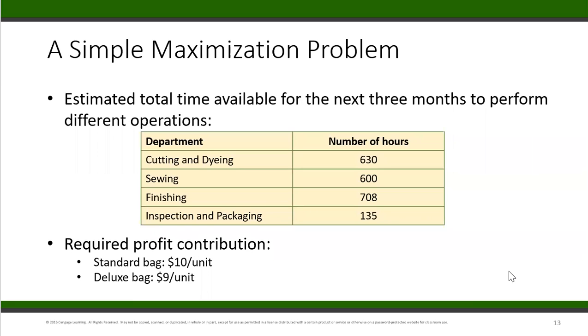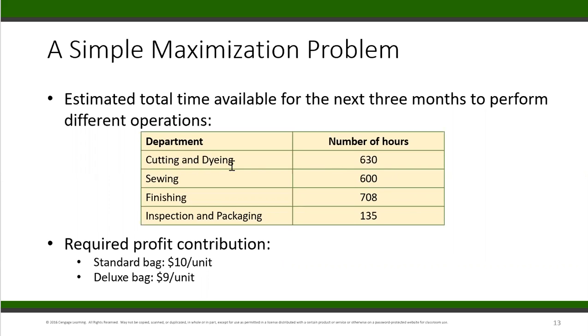And the number of hours that we have from each one of these departments is limited. So we have limited capacity here. So it's a production scheduling problem with limited capacity. 630 hours of cutting and dyeing.